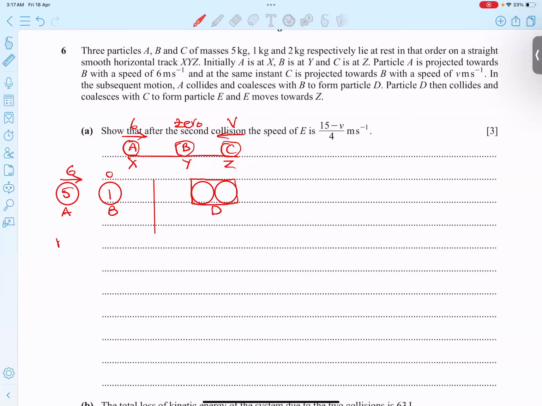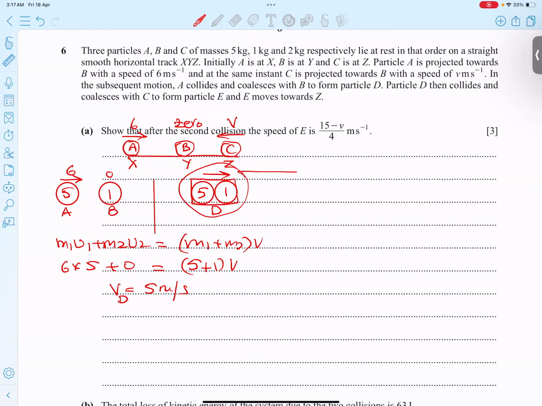So the formula is M1 U1 plus M2 U2 is equal to M1 plus M2 into V. So 5 into 6 plus 0 is equal to 5 plus 1, 6, into V. So this 6 and 6 will cancel and we get a velocity of 5 meters per second. This is the velocity of D particle, and this combined particle will go to the right side.